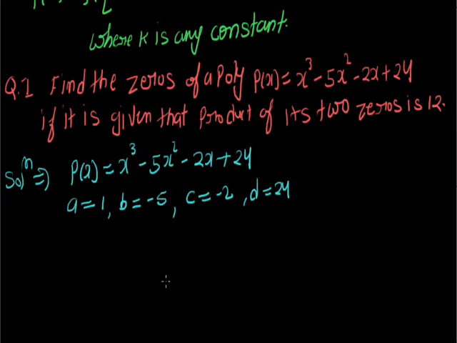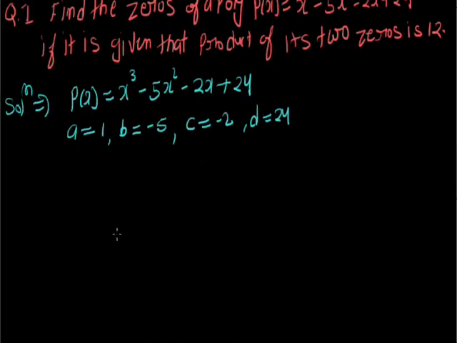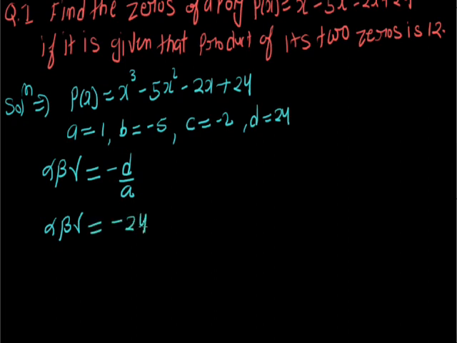Now we write down all three relations between the zeros and coefficients. First of all, let us use the product of the zeros, alpha beta gamma, which is equal to minus d upon a. So the value of alpha beta gamma comes out to be minus 24, since d is 24 and a is 1.